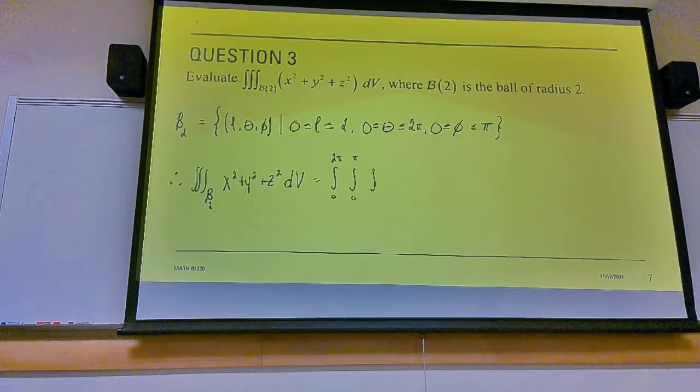The integrand in spherical is what? Rho squared. And now dV is what? Rho squared sine phi. Finish it. d rho, d phi, d theta.